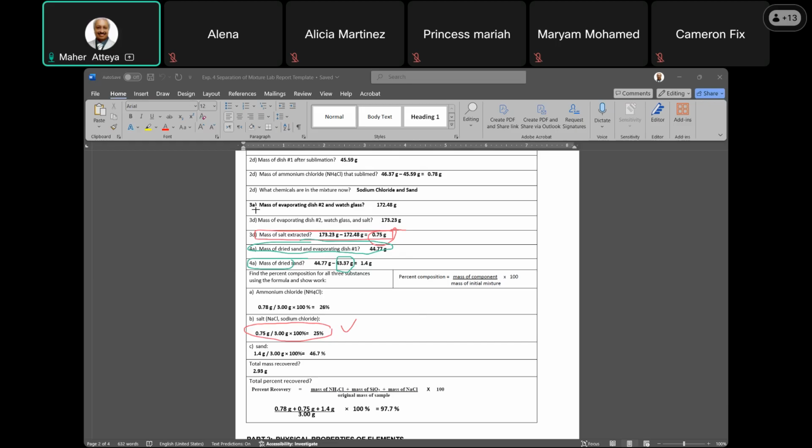So now this is the sand with the evaporating dish number 1 mass. But when we dry the sand, we have to subtract this number, the filled dish.